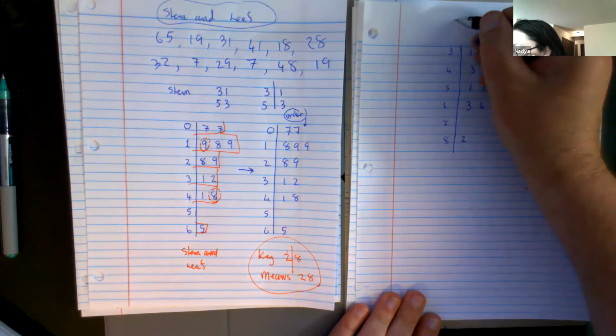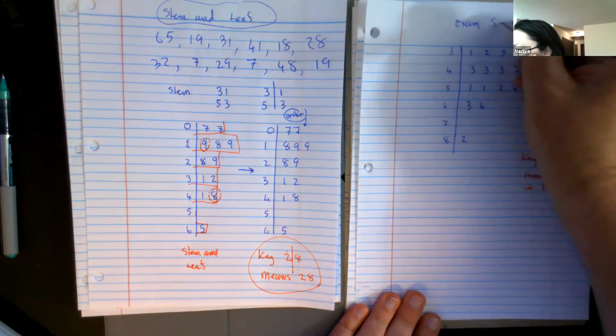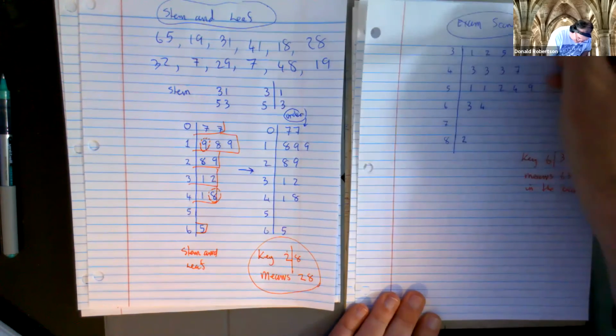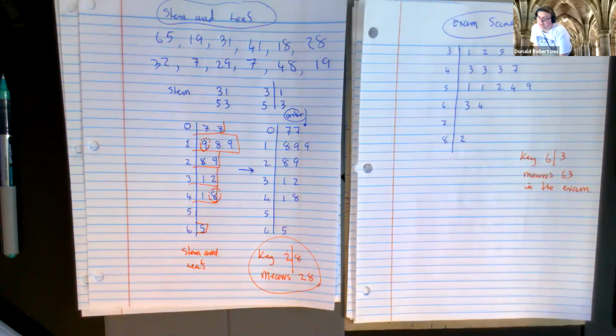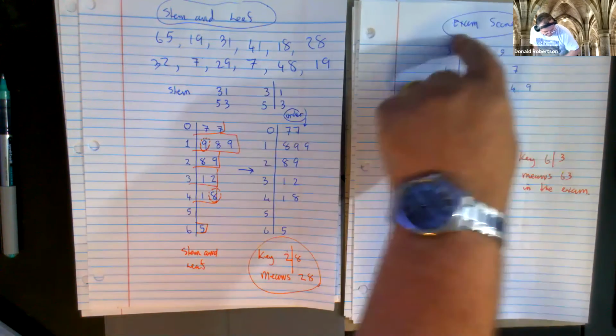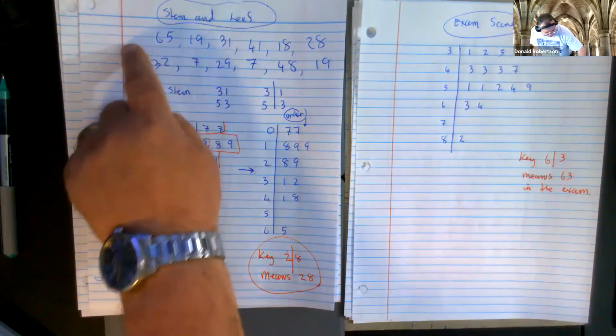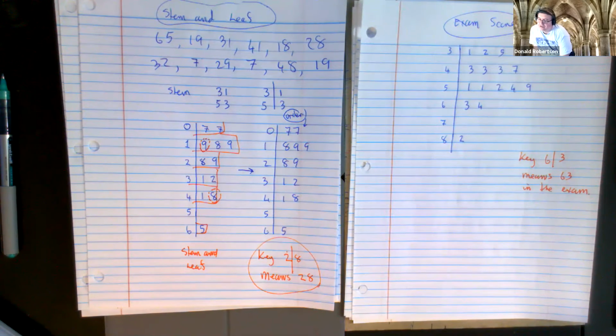I went and said, pretend exam marks, scores. So I made up a story, and this is the stem and leaf that I got from this made up exam. So these numbers just came out of the blue. I just made them up. It's just so that we could show you another example of a stem and leaf without going through all the trouble of writing down data and then converting it. So it was just a convenience.